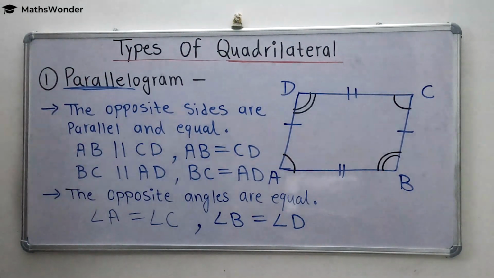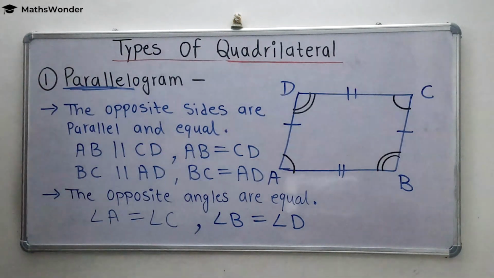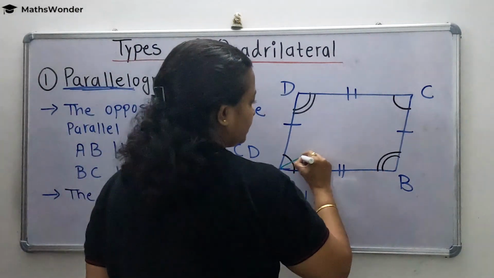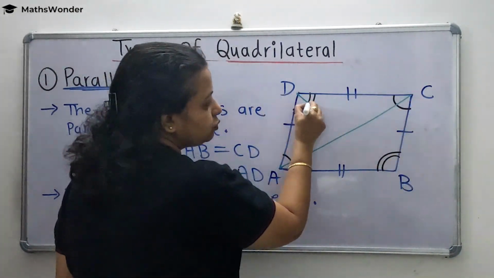Now the third property is that the diagonals bisect each other. When we draw the diagonals, how will you draw them? Like this. These two are the diagonals.